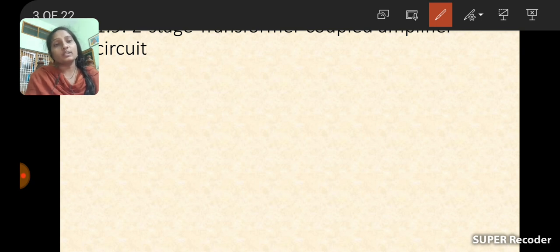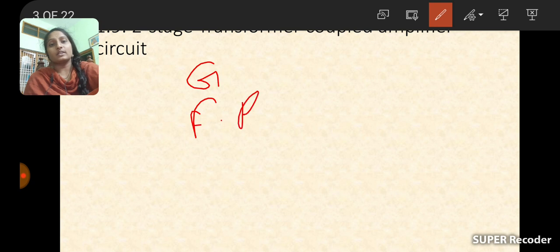So finally, what is meant by a multi-stage amplifier, whether it may be cascade or cascode? Internally it consists of two or more amplifiers, and here the output of the first stage is connected to the input of the next stage, and so on until we reach the last stage. The important parameters of a multi-stage amplifier are gain, frequency response, and bandwidth.